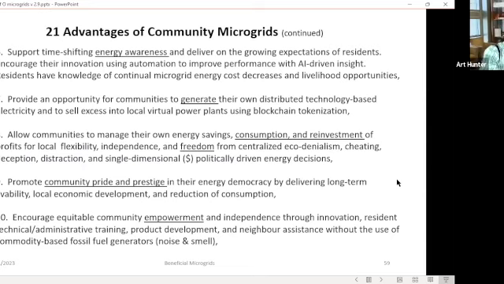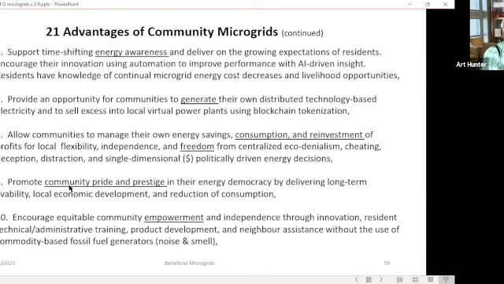And again, we're back to freedom from the centralized eco-denialism, cheating, deception, distraction, single dimension, dollar political thinking. And I'm talking primarily of the Ford government in Ontario, that the only thing that matters is money.